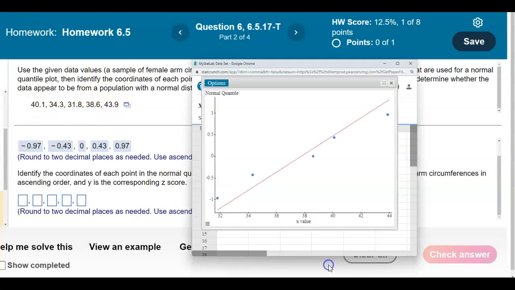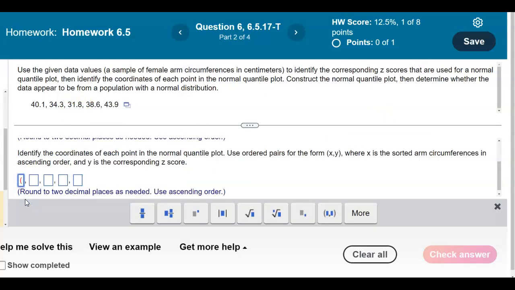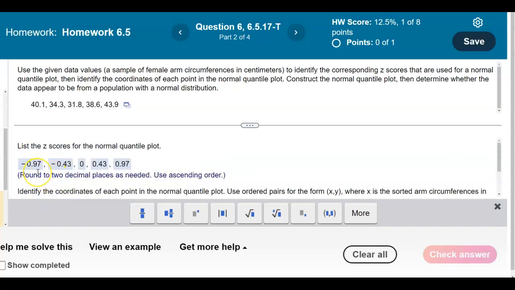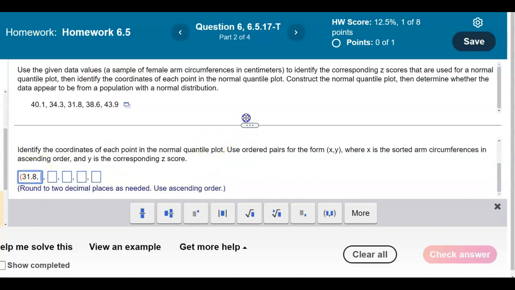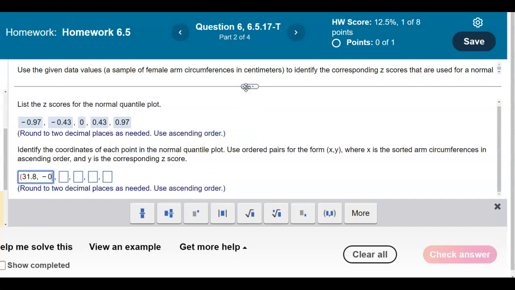When we highlight that first point, you're going to see that 31.8 is the x value, and the z-score is the first z-score of negative 0.97. So that's (31.8, -0.97).